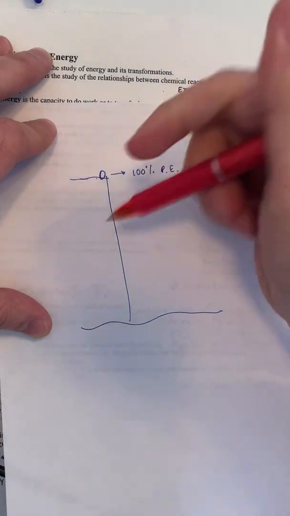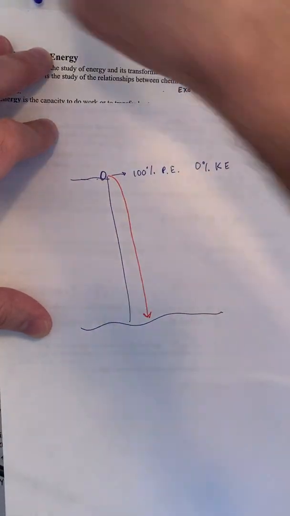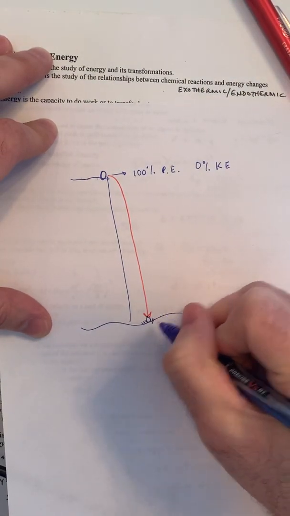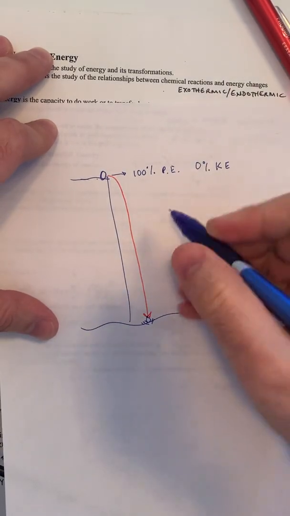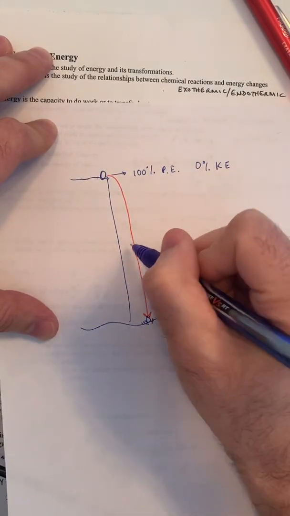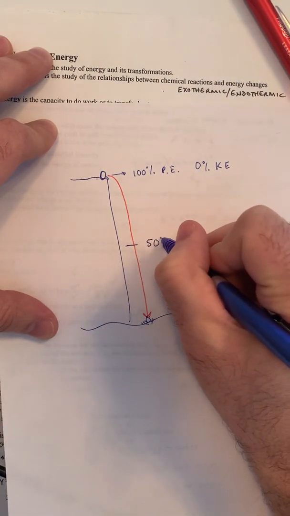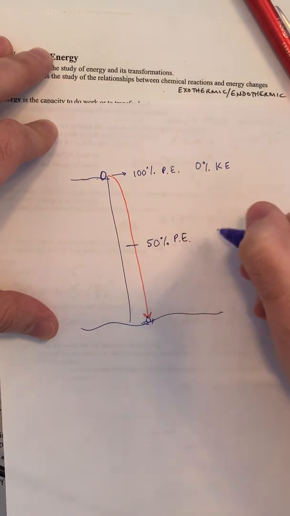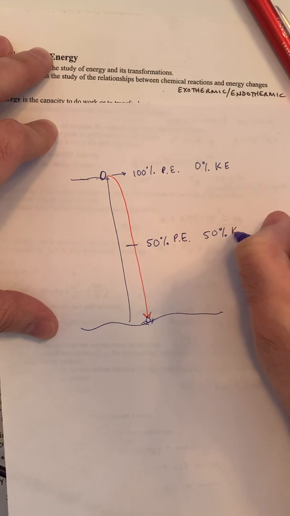As the ball falls, it's converting potential energy into kinetic. So if you're halfway down, 50% of the energy is now potential. I'm just doing it as percentages, not actual amounts here, but you get the idea. 50% of the energy would then be kinetic.